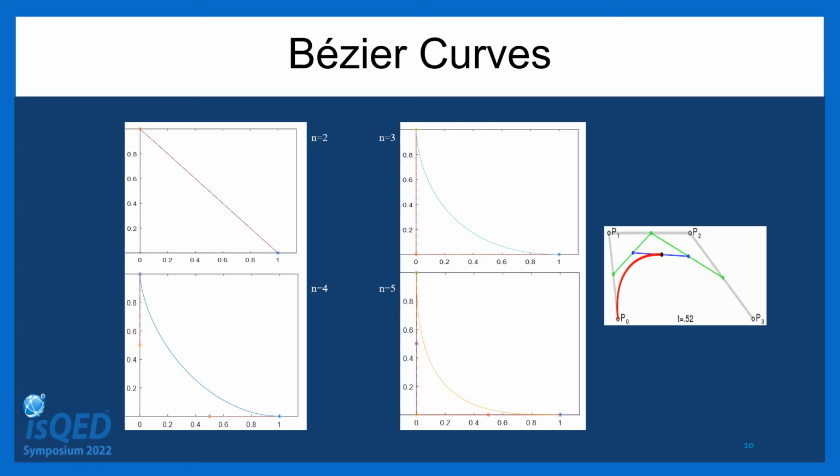Bézier curves are often used in different engineering fields to estimate soft curves. And we use this Bézier curve for estimating the GBC curve. Here we plotted the Bézier curves by using 2 initial points, 3 initial points, 4 and 5 points.